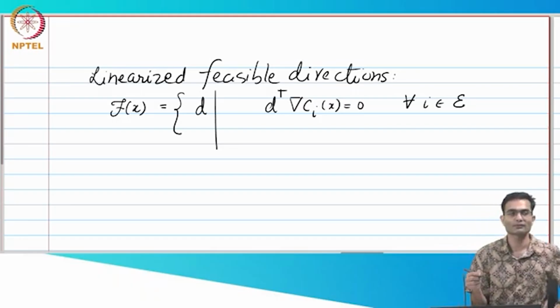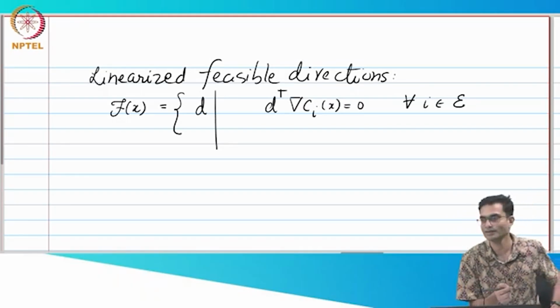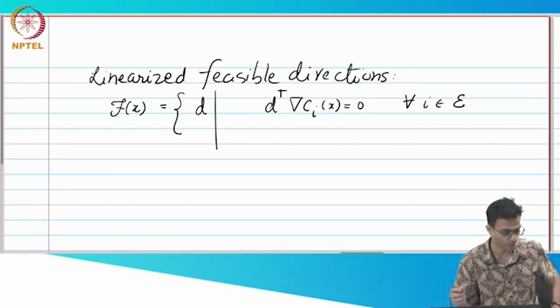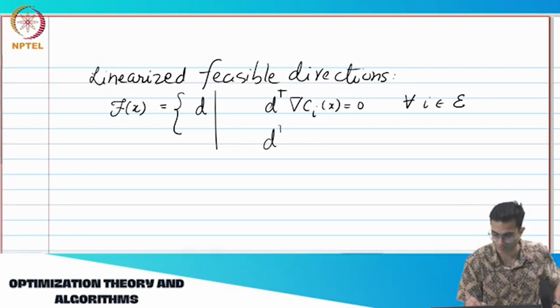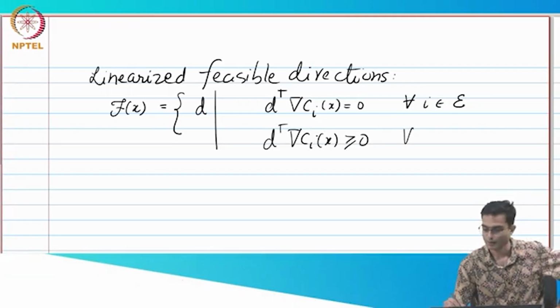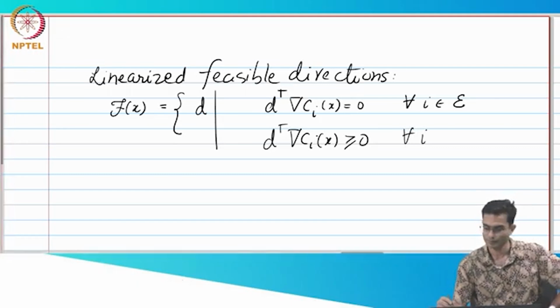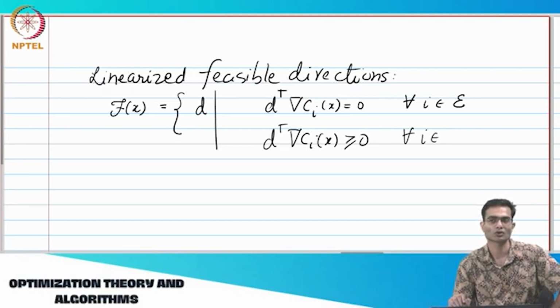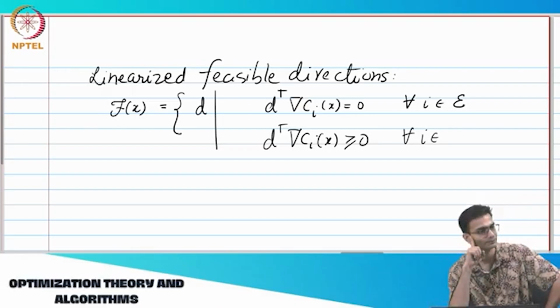What am I left with? Inequality constraints. I think if I wake you up at 2 AM, you will tell me this is the condition: d transpose grad C_i of x should be greater than or equal to 0. Now for all i belonging to what? Should I write inequality or should I refine it a little bit?